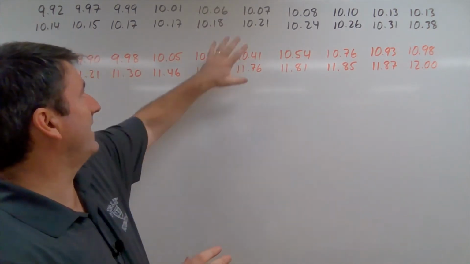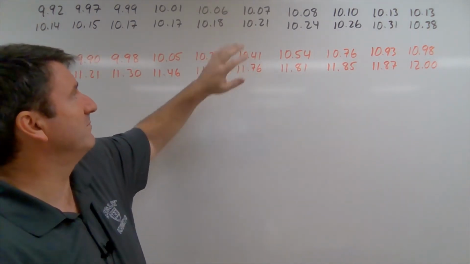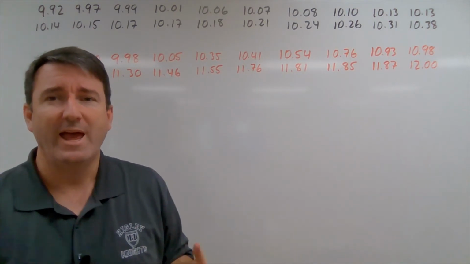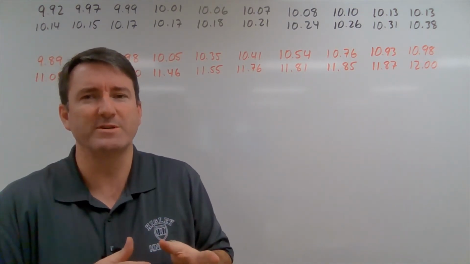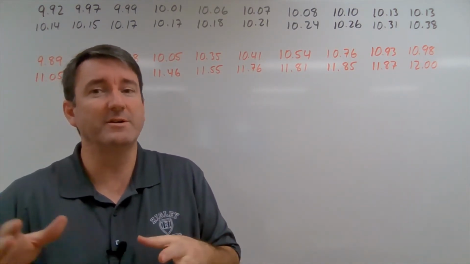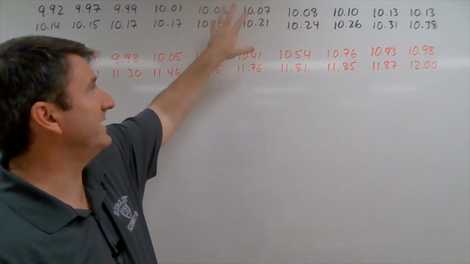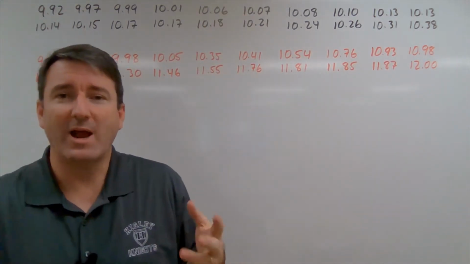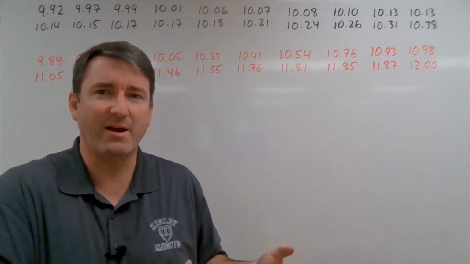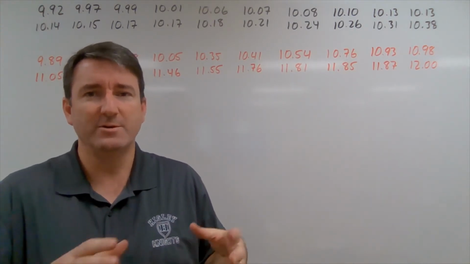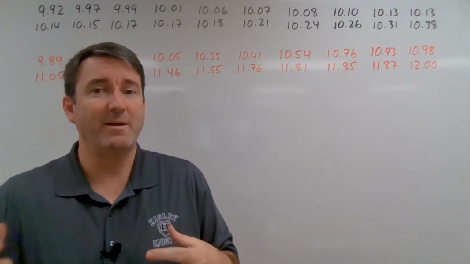Our example gives us 2 different data sets, and I've written them on the board here, one in black and one in red. And we're told that these data sets represent 100-meter dash times, and there's 20 in each set. And we're asked to compare the two data sets using a 5-number summary and a box plot.